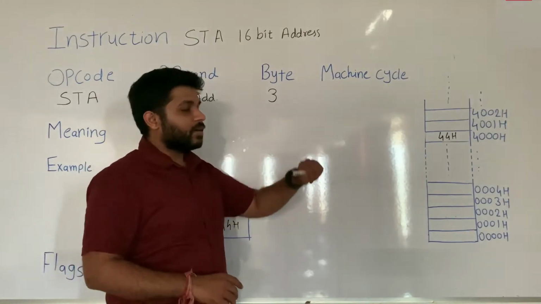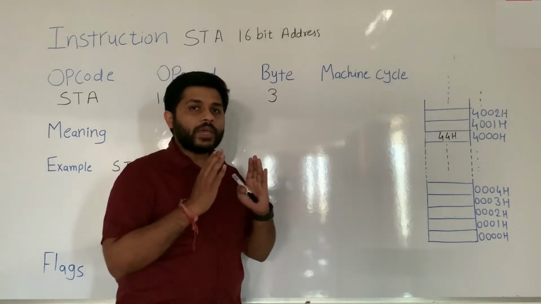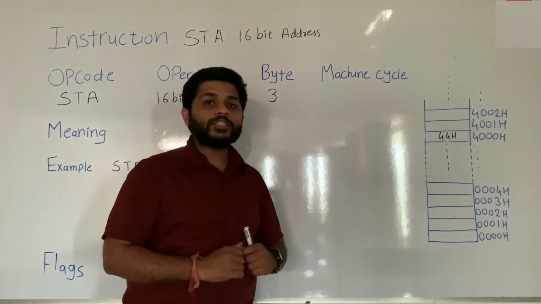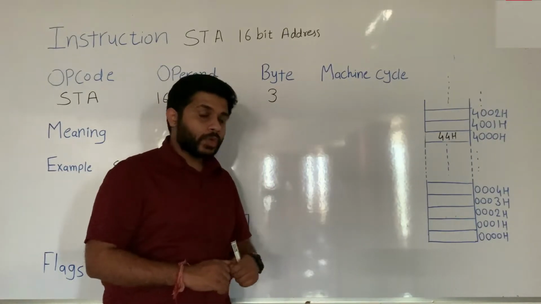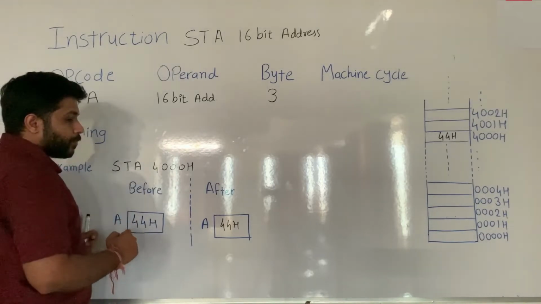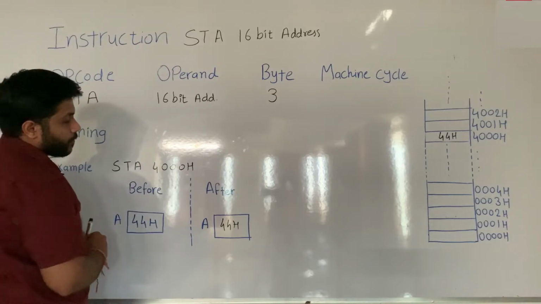Now let's see the main part, which is the machine cycle. You know that to understand the machine cycle, we have to understand each and every process when this instruction is executed. So when you give STA 4000H in the memory, this instruction will be stored from the starting location.